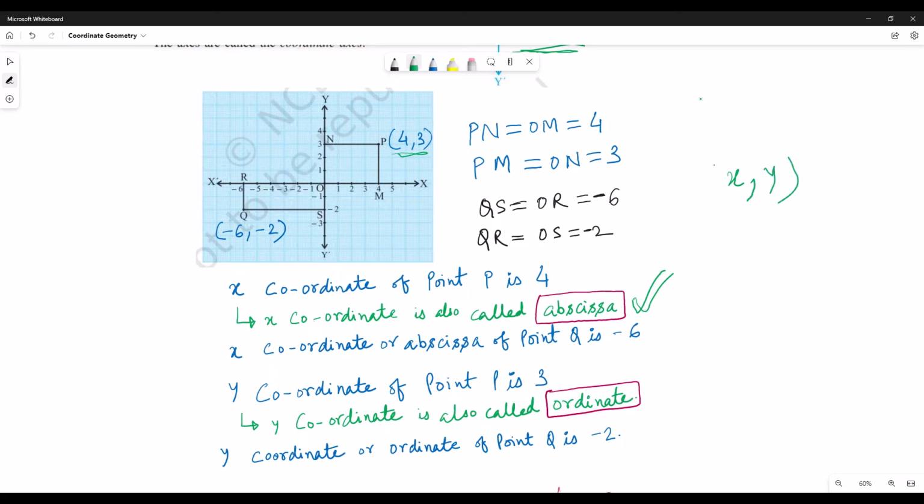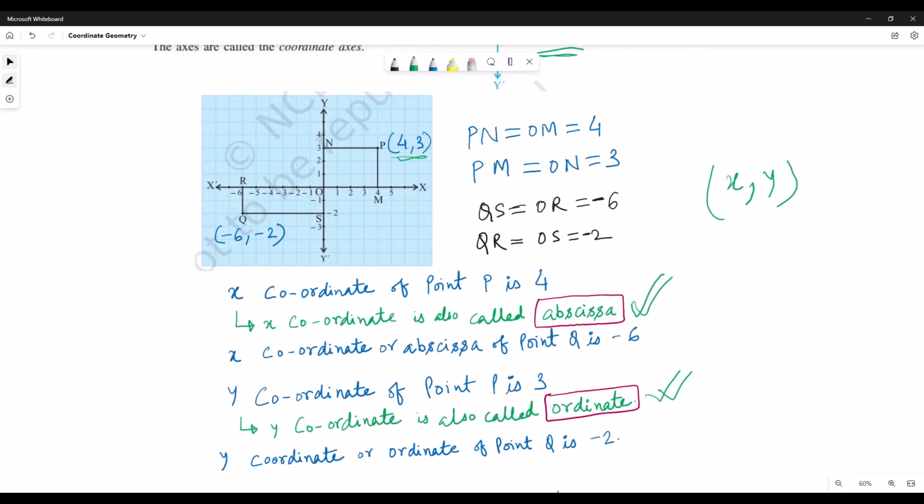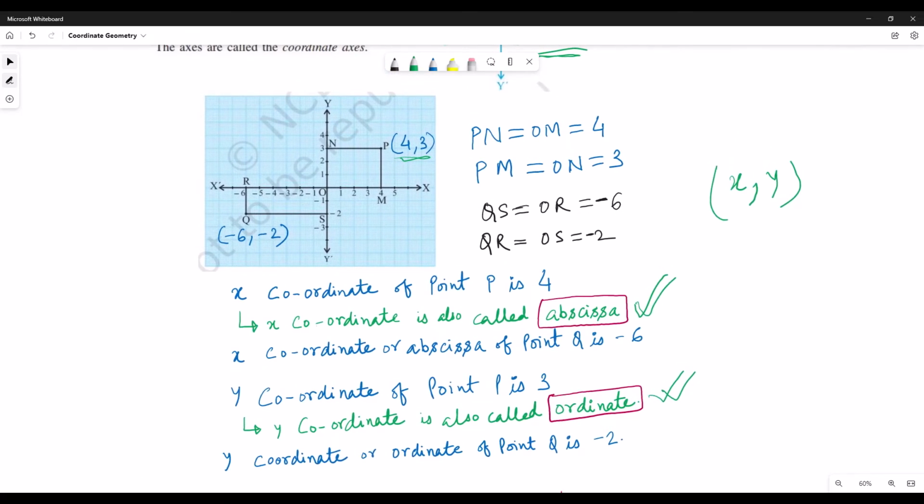So we generally write the point in the convention (x, y). The first number is the x coordinate and the second number is the y coordinate. The x coordinate is also called abscissa and the y coordinate is called ordinate. So PN equals OM equals 4.